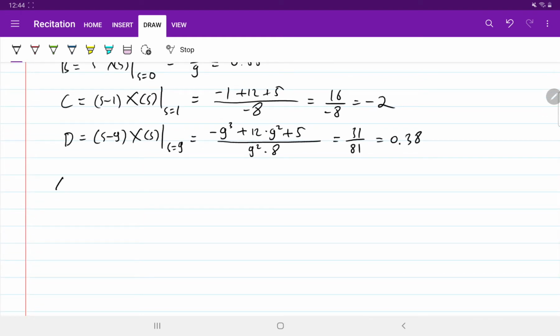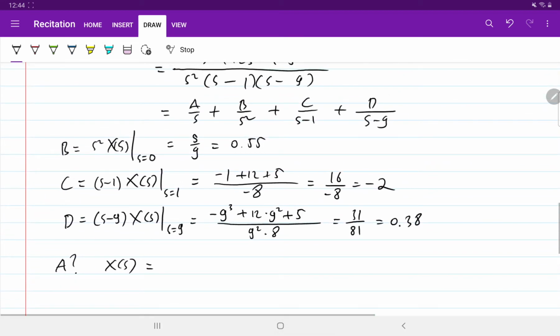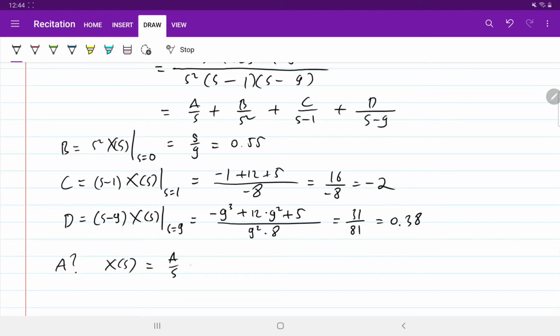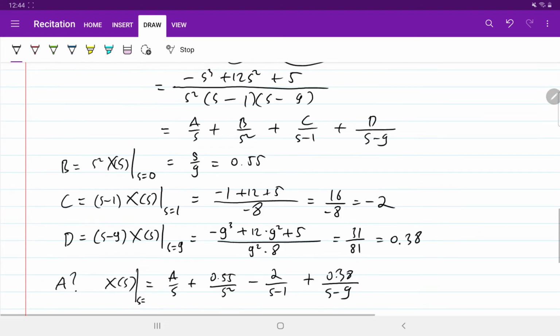And how to find A? So now we know that X(s) is A over s plus 0.55 over s squared minus 2 over s minus 1 plus 0.38 over s minus 9, and then you substitute s with any number which is not a pole.